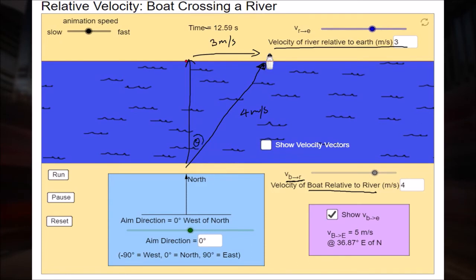So the idea is, at what angle must I move the boat in order for it to go straight across? So if we use theta, we have the opposite side and we have the hypotenuse. So we use sine theta, or inverse sine. The opposite side is 3.